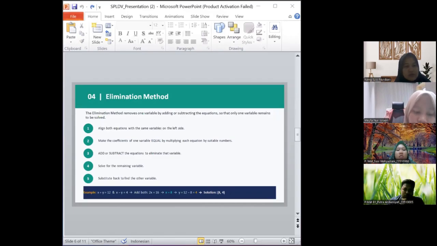While I explain each method, I want you to take notes in your own notebook. Write down the steps and the example solution. After I finish explaining, you will work in pairs or individually on a practice problem. Do you all understand the instruction?